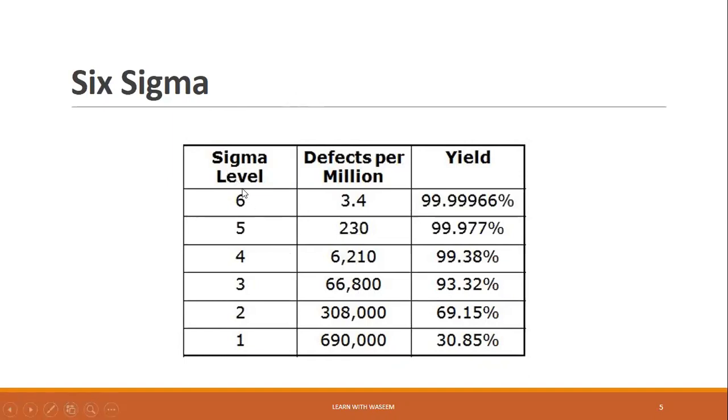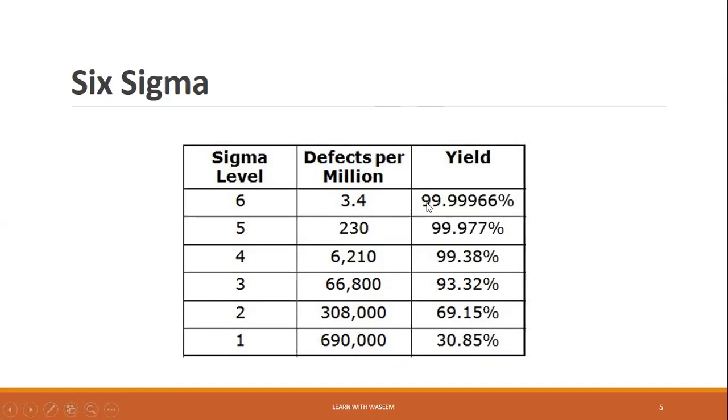But if you look at 6 sigma, 6 sigma is the most accurate and the most preferable level of quality. Okay, so 6 sigma represents 3.4 defects per million, only 3.4 defects per million items.